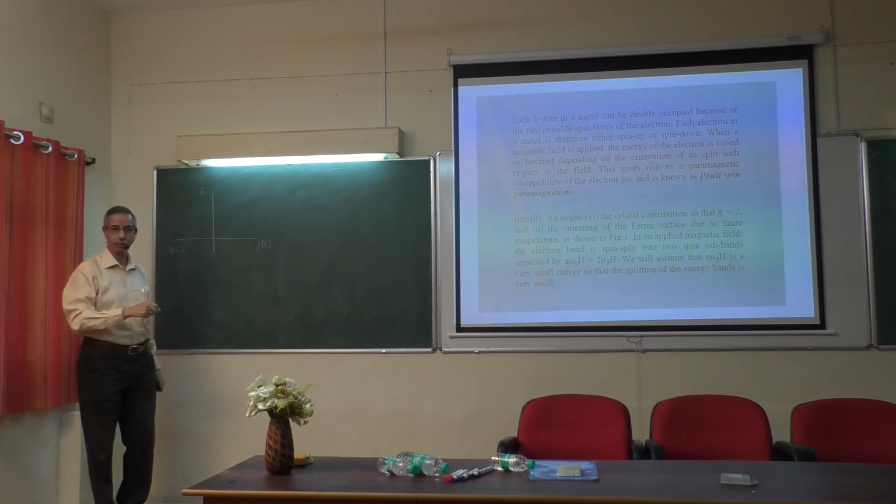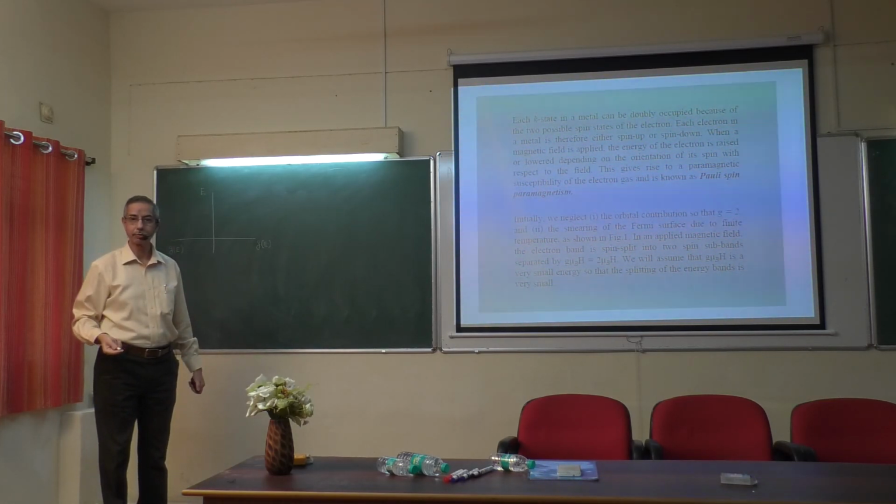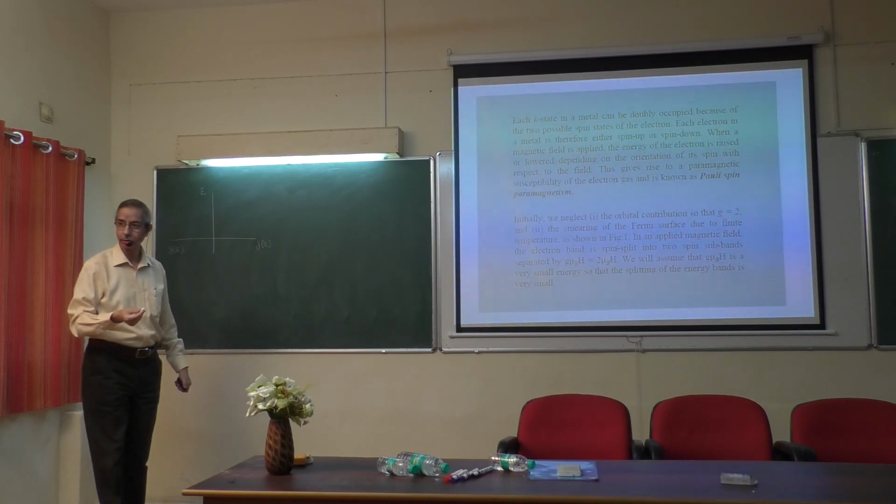The E-k diagram you are familiar with, because that is for a free electron, a free particle, which is p squared over 2m, or h cross squared k squared over 2m.